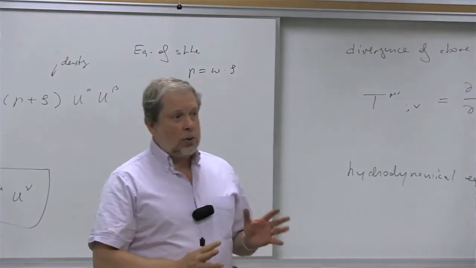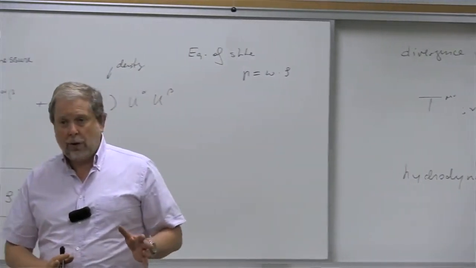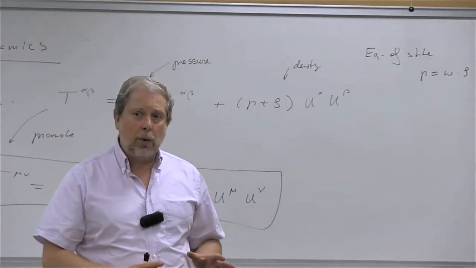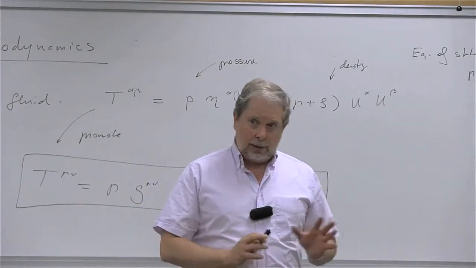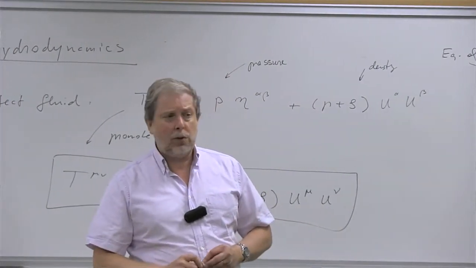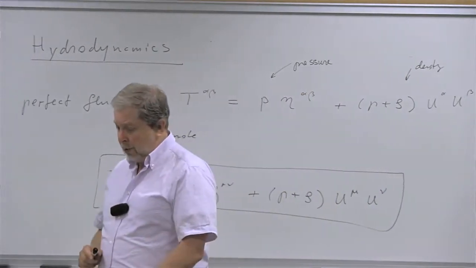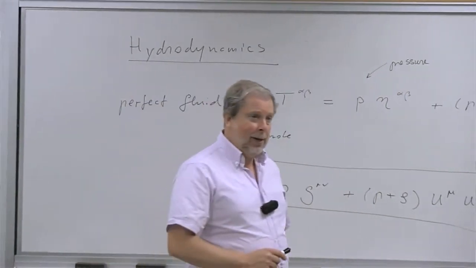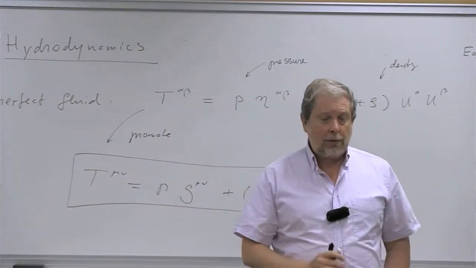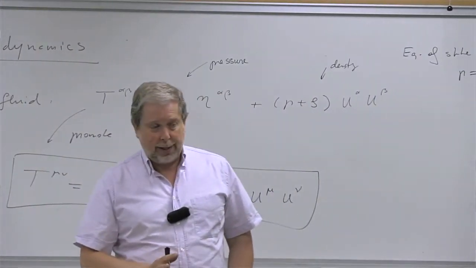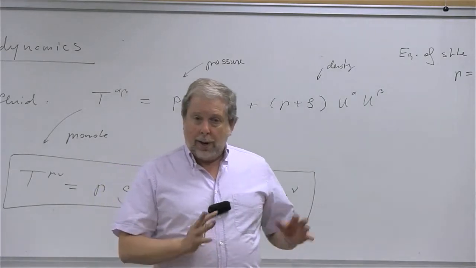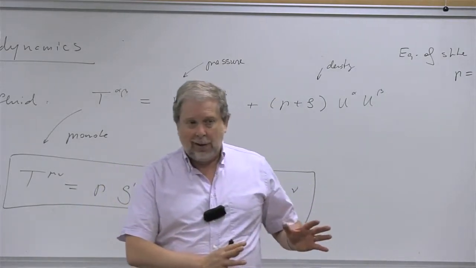You can't have Maxwell's equations without conservation of current. The continuity equation has to be satisfied by Maxwell's equations. By taking divergences of left and right-hand sides of Maxwell's equations, you find that you don't get a consistent answer unless, of course, the continuity equation is satisfied. So here the same thing is going to happen.